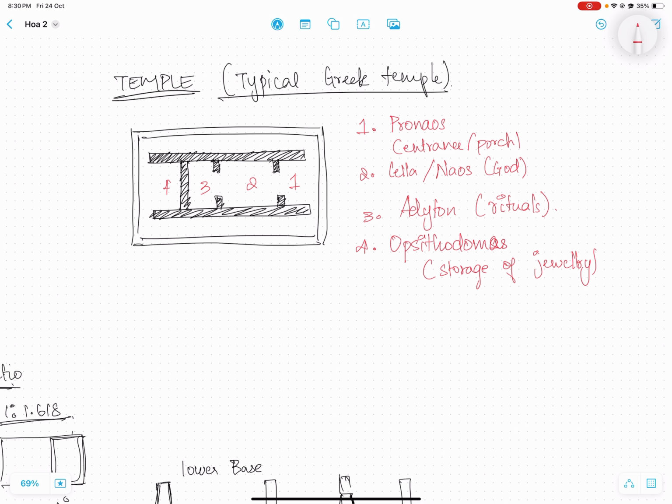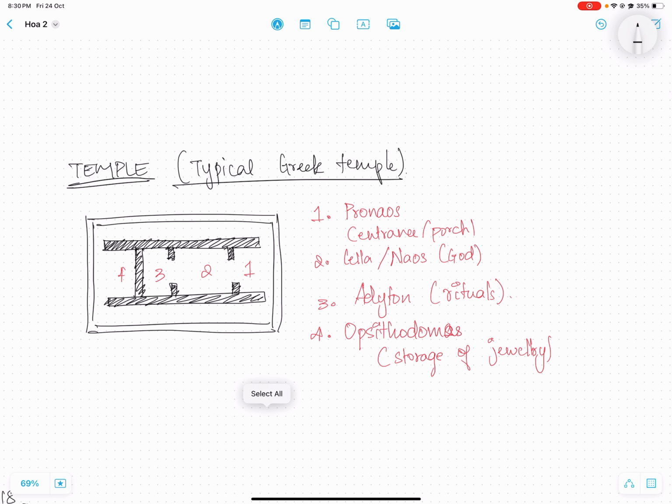Okay, now basically the buildings or the temples in Greek were named based on the number of columns in the front facade and around it. So the naming is based on the number of columns. Let's see how it is named.